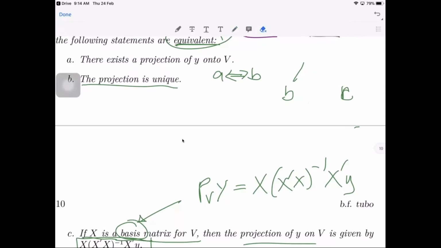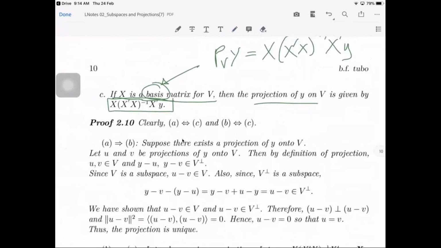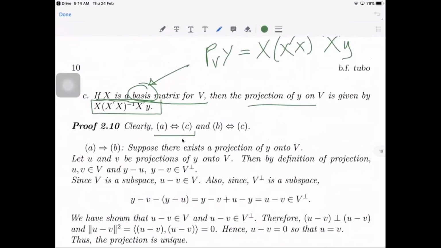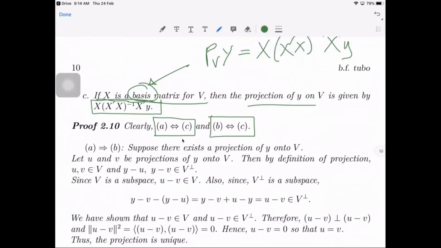The clear ones are A if and only if C, and B if and only if C. So what we want to show only is that A if and only if B. So what is A if and only if C?